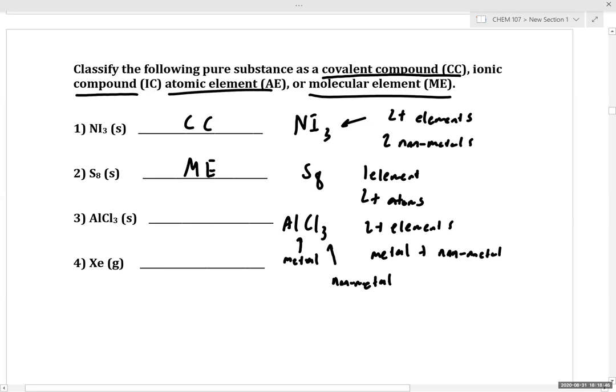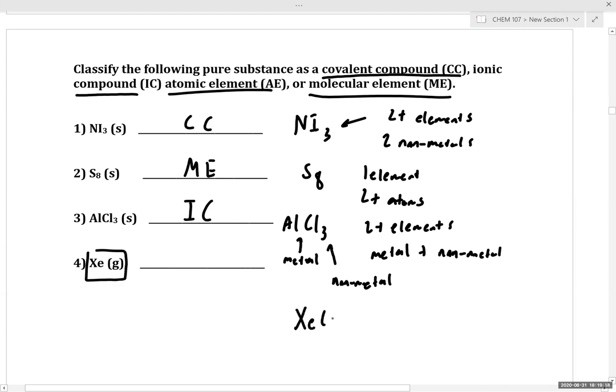So already we're starting to apply regions of the periodic table to begin to describe compounds. If you didn't know what the metals and the non-metals were in the periodic table, you'd be a little bit stuck in these problems. So as you notice, we're building on our knowledge that we've established in previous lectures to solve more complicated problems. So aluminum chloride is an ionic compound because it has two or more different elements, and it contains a metal and a non-metal.